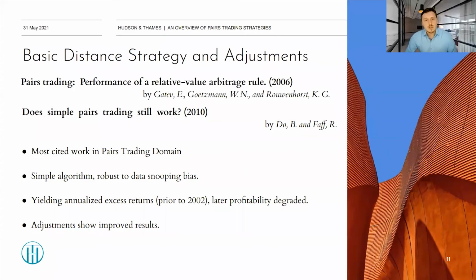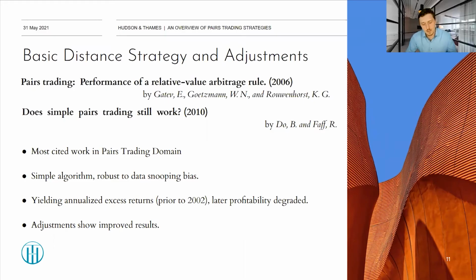As I mentioned, the paper by Gatev and others is the most cited paper in the domain of pairs trading in general. It proposes a really simple algorithm that was, in addition, robust to data snooping bias. It was backtested on, I believe, a data set of US stocks from the 60s to 2002, and it showed abnormally high returns.